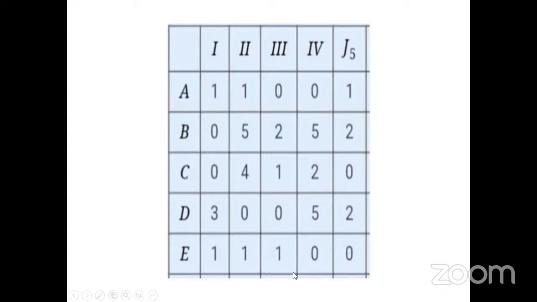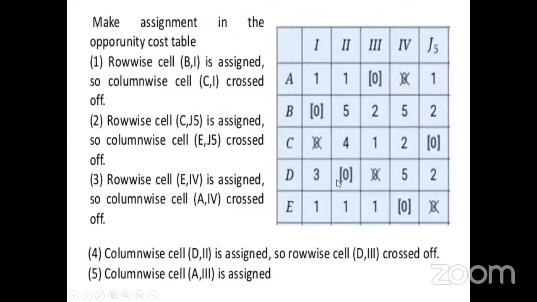Fifth row, single 0 here and this is cancelled. Upper value is cancelled. Then column wise, we need to search. This is allocated. This you will be getting as single 0 and this also single 0. Go through it. You're getting 5 allocations. 1, 2, 3, 4, 5.